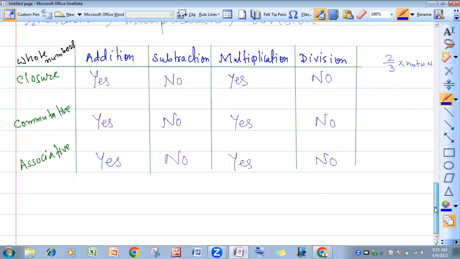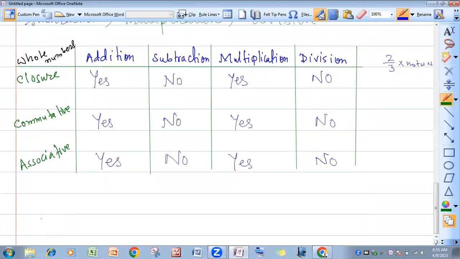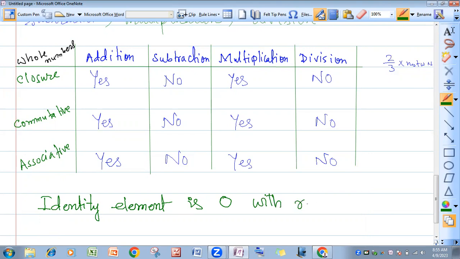Now identity element. What is the identity element? Zero with respect to addition.